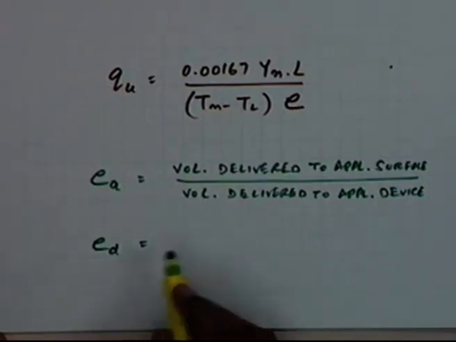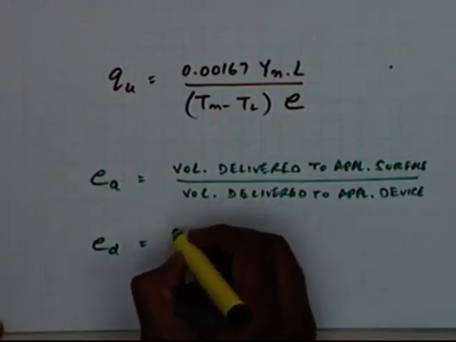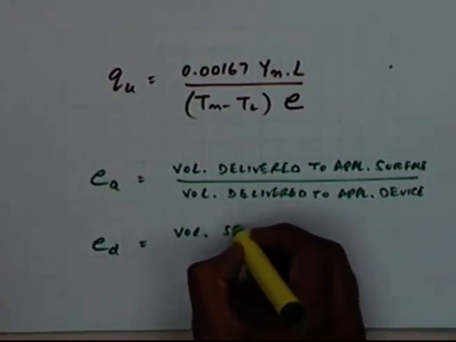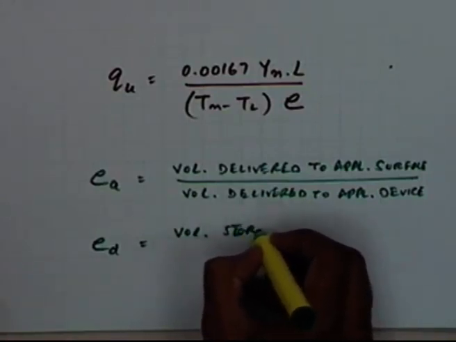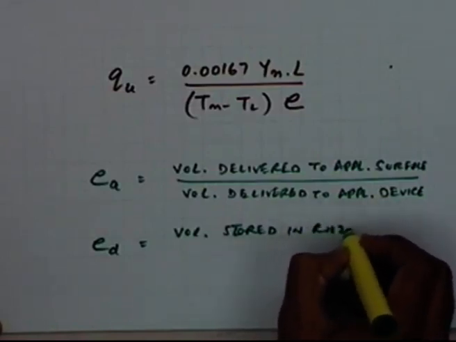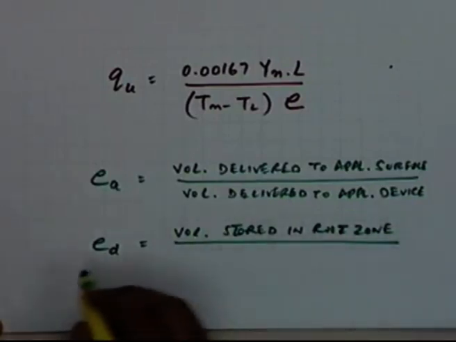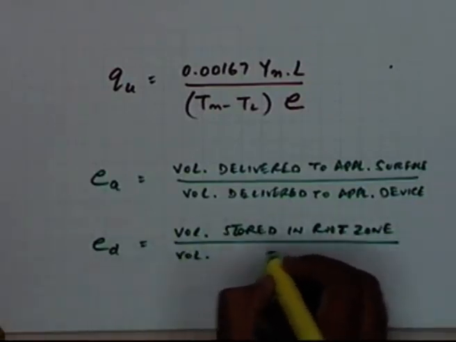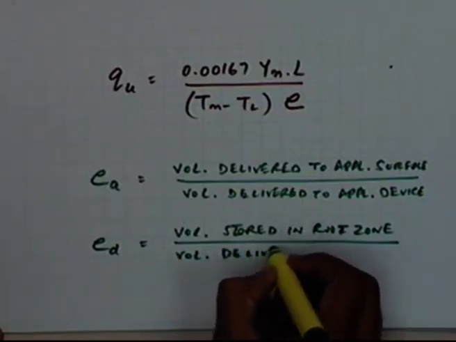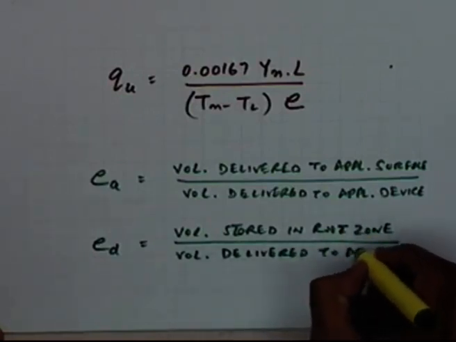So ED we were calling the distribution pattern efficiency, and that was the volume of water stored in the root zone to the volume delivered to the application surface.